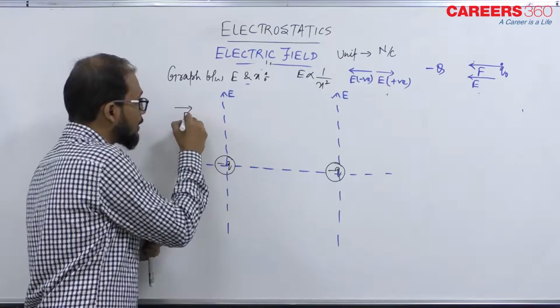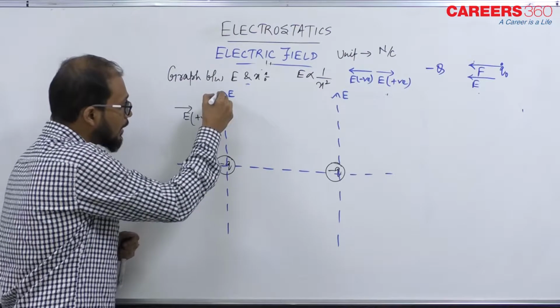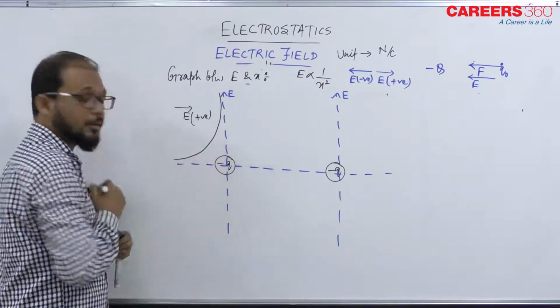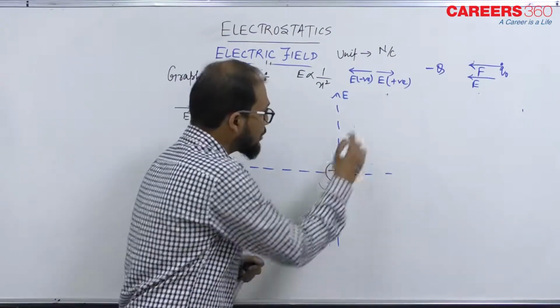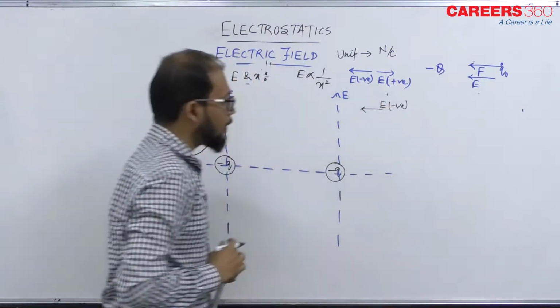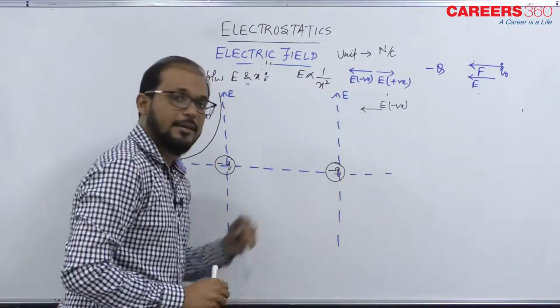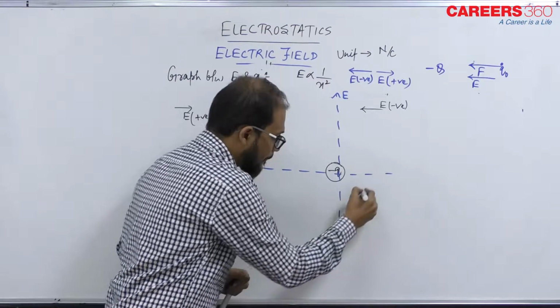That means here the electric field will be positive, and since the electric field is positive, that means it will be plotted above the x-axis. And here due to this charge, the electric field is in this direction, that means the electric field will be negative. That means it will be plotted below the x-axis, so it will be like this.